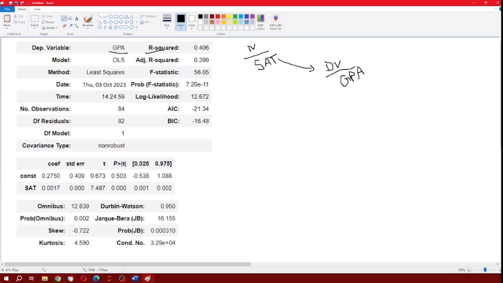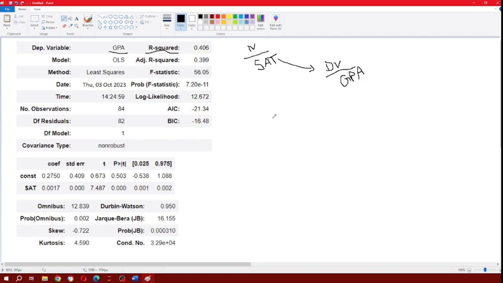Second one is the R squared coefficient. The R squared coefficient is very important to know because it tells you how much you can rely on the independent variable as a predictor of your dependent variable. An R squared coefficient means how much of the data variation can be explained in the DV using the IV.